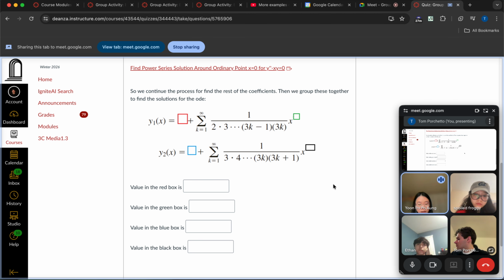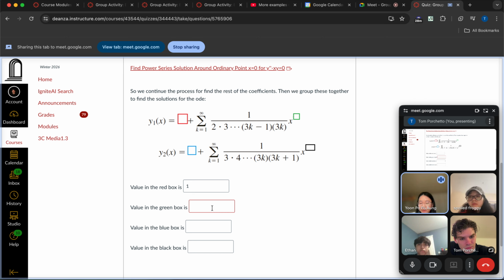Using the formula that we have, C0 times y1(x) plus C1 times y2(x), when we find y1, we get 1 plus 1 over 2 times 3 times x to the power 3, plus x to the power 6 divided by 2 times 3 times 5 times 6, plus x to the power 9 divided by 2 times 3 times 5 times 6 times 8 times 9, going to infinity.